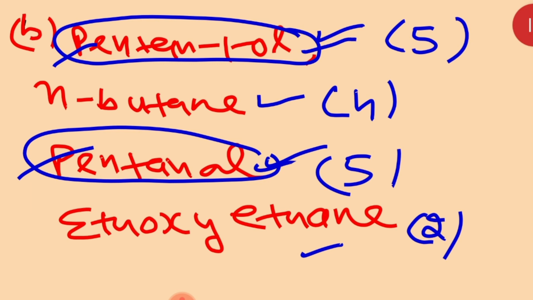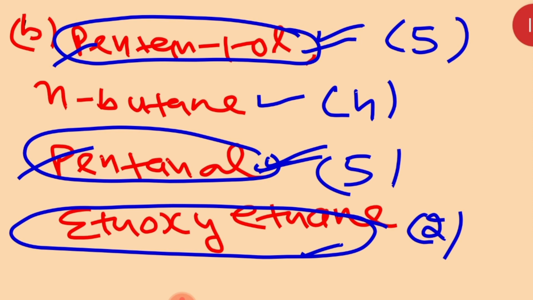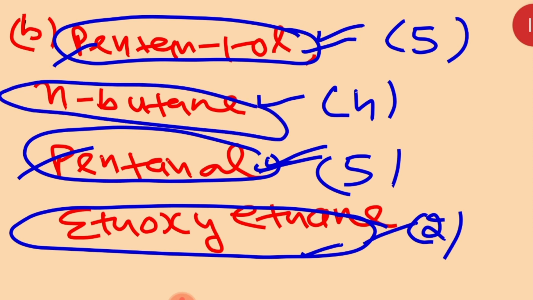But alcohol can make intermolecular hydrogen bonding very easily as compared to the aldehyde. So pentan-1-ol will have the highest boiling point, second will be pentanal, third will be the ether, because it has electronegative oxygen, and the last will be n-butane, because there is no oxygen, no electronegative element.